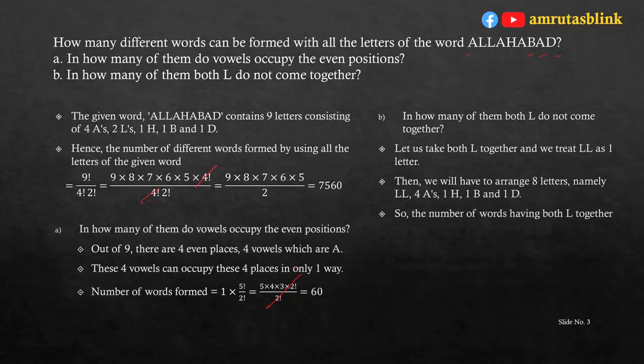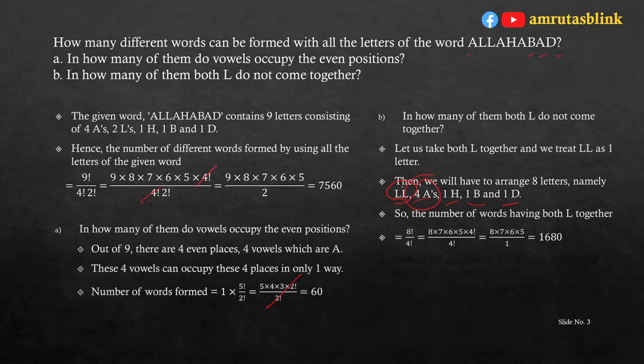So the number of words having both L together will be now 8 factorial, that is 4, 5, 6, 7 and this 1 unit as 8. So, 8 factorial. Now in this 8 factorial again the 4 A's are repeated.